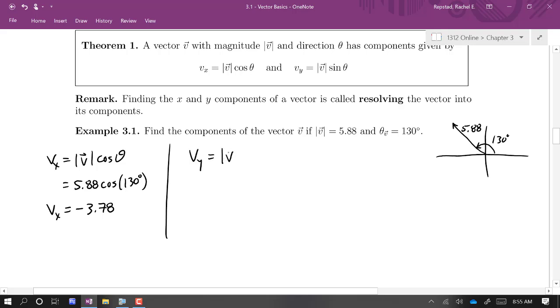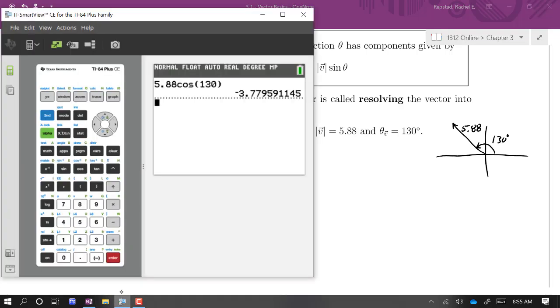And for the y component, we're going to take magnitude times sine theta. That's 4.50.